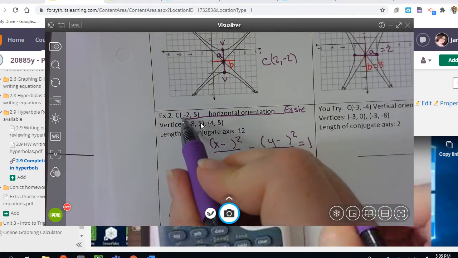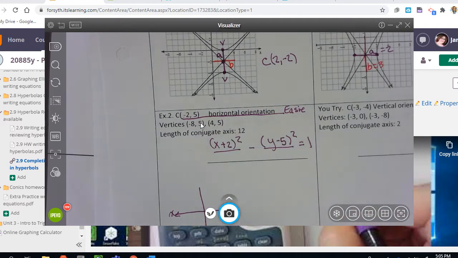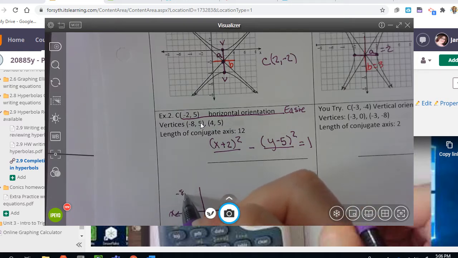I also know it gave me the center, so I've got plus 2, minus 5. Okay, so if I go in here and I plot my vertices, negative 8, positive 5, and 4, 5, somewhere in this ballpark, not to scale.